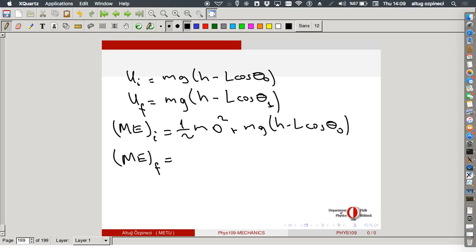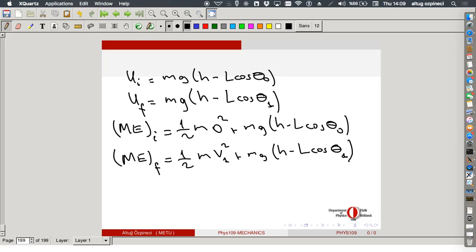Final mechanical energy: now it is passing through this point, which makes an angle theta 1, and it has some speed v1. So its kinetic energy is no longer 0. The kinetic energy is 1 over 2 m v1 squared plus mg times H minus L cosine theta 1.